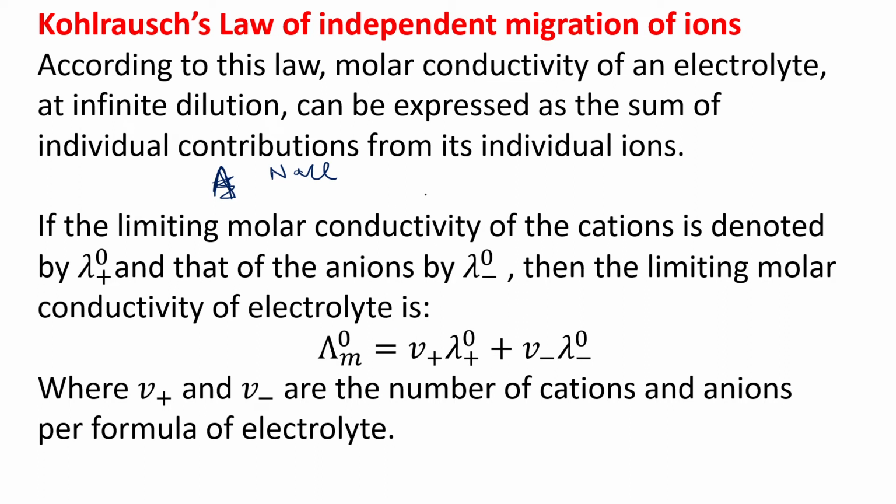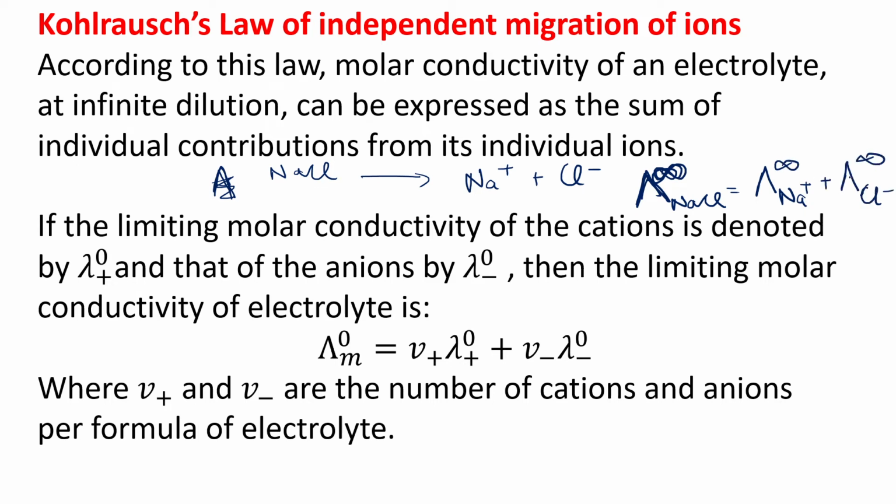At infinite dilution, it will be dissociated into sodium ions and chloride ions. So the molar conductivity of NaCl at infinite dilution, which we represent by the infinity sign, is equal to the molar conductivity of sodium ions at infinite dilution plus the molar conductivity of chloride ions at infinite dilution.